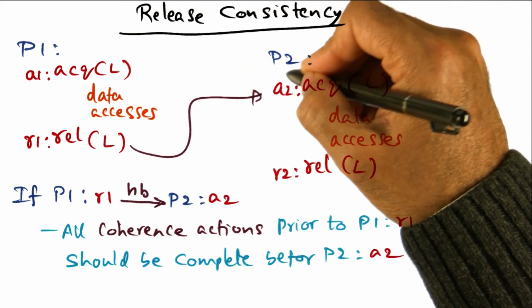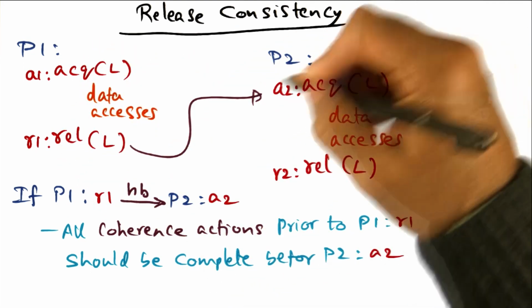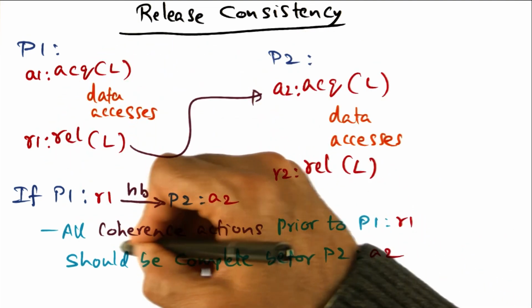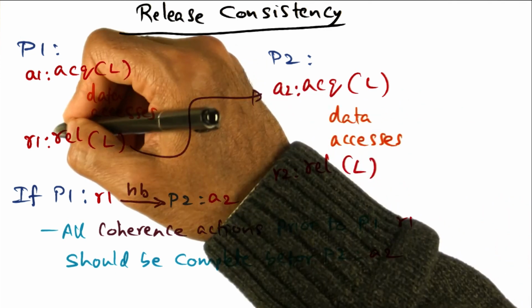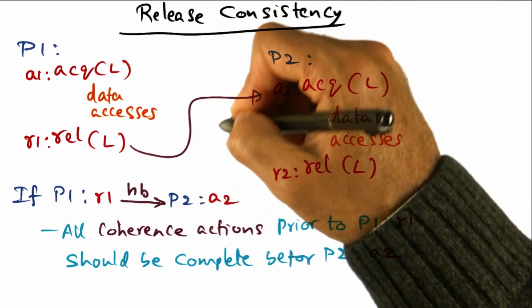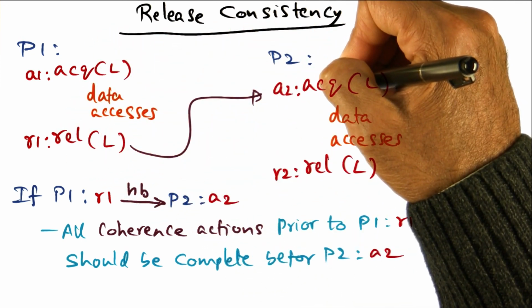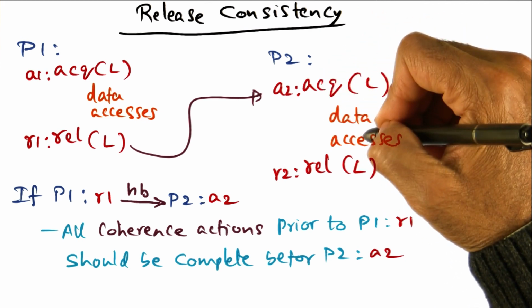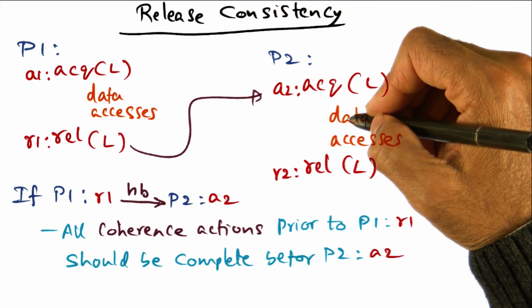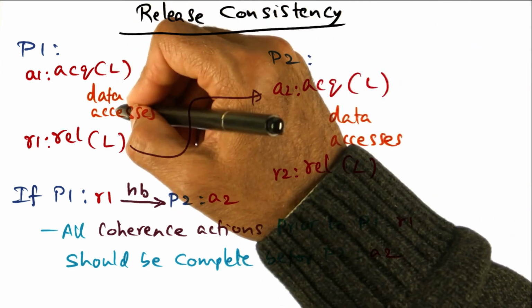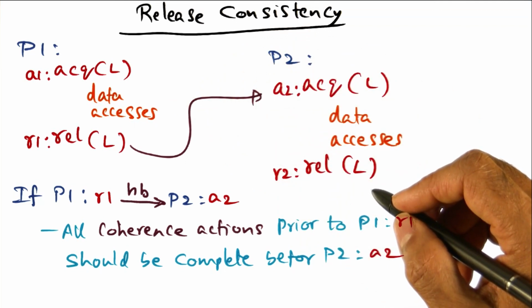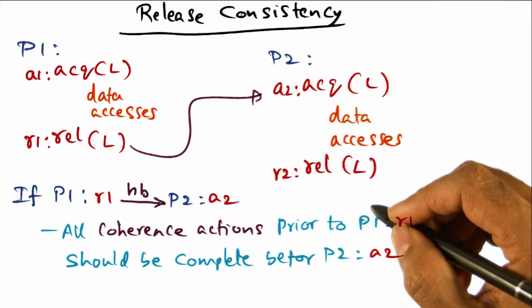So if there is a lock primitive and there is a preceding unlock primitive, we have to ensure that all the coherence actions happen before I do the unlock, so that when this guy gets the lock and accesses the data, what he's going to see is data that is consistent with whatever modifications may have been made over here. That's the idea behind release consistent memory operation.